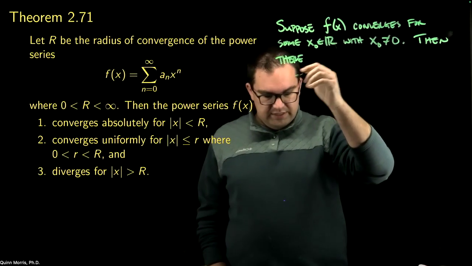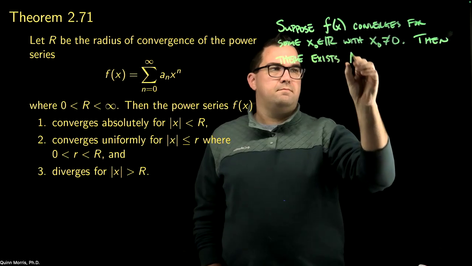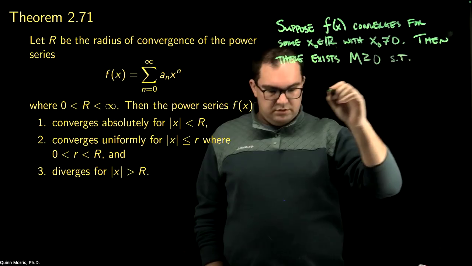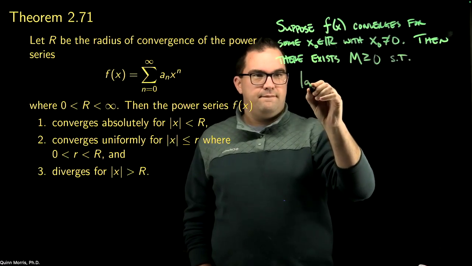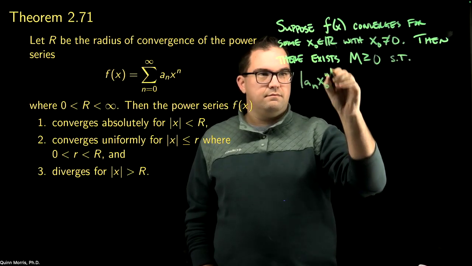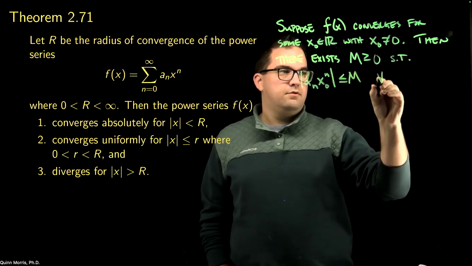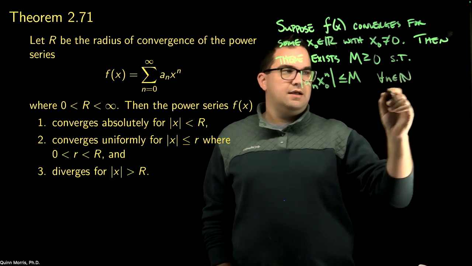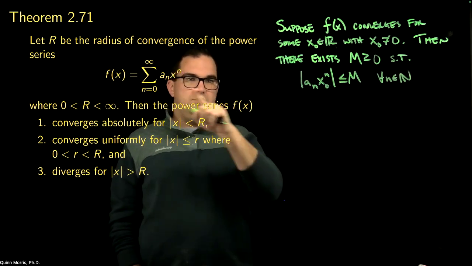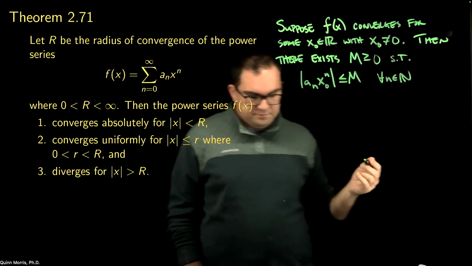Okay, so there exists M greater than or equal to 0 such that a sub n x sub 0 to the n is less than or equal to that M for all natural numbers, right? Again, these terms are going to 0 because I know this series converges when I plug in x naught, and so they must at least be bounded.